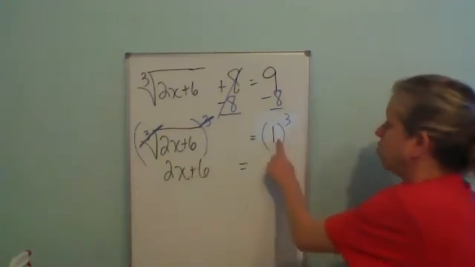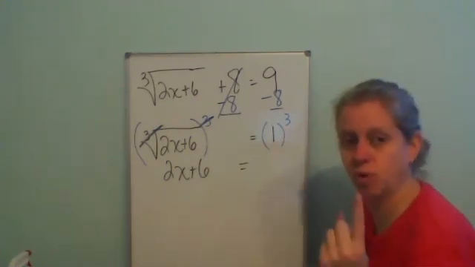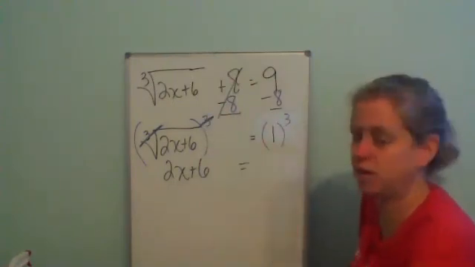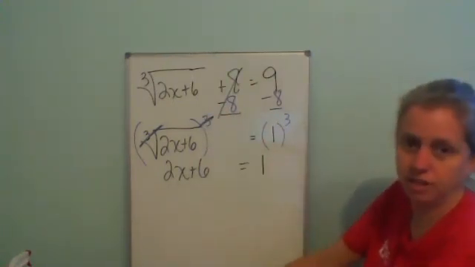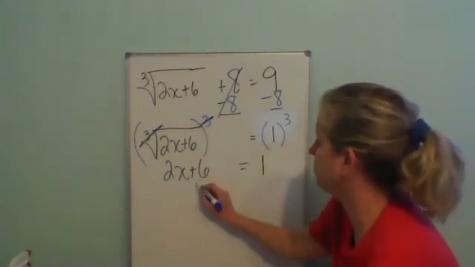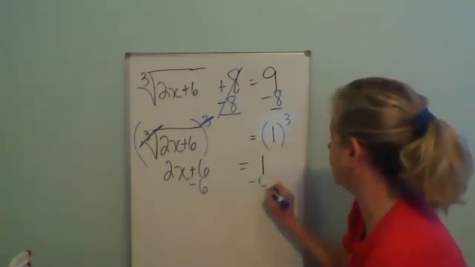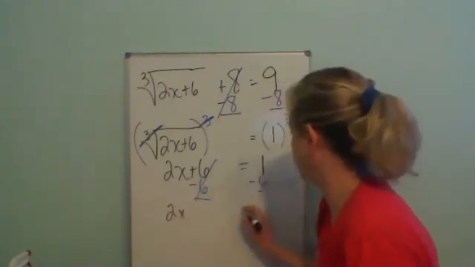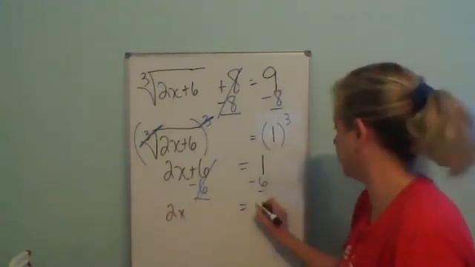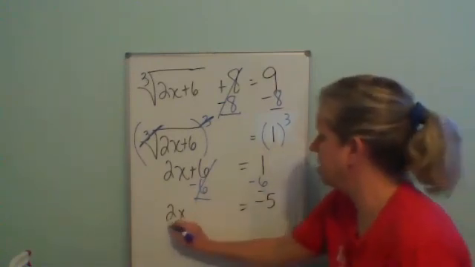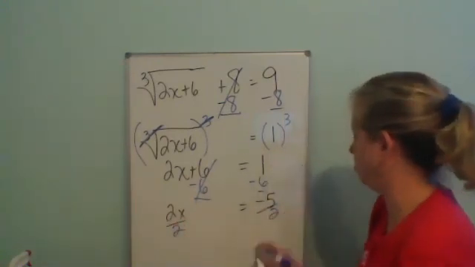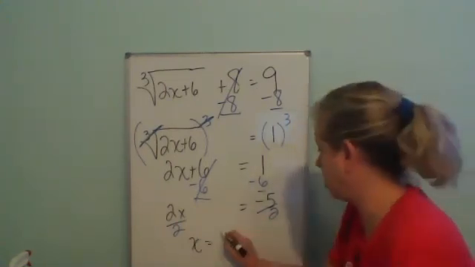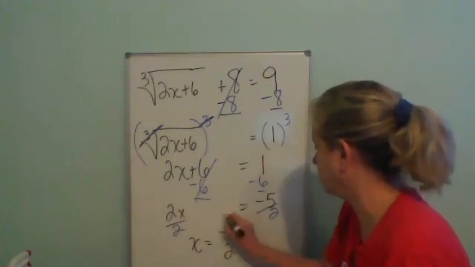Now on this side, 1 to the third power just means 1 times 1 times 1, and it doesn't matter how many times you multiply 1 together, you're still going to have 1. And then just finish solving it for x. Subtract the 6. So now you have 2x equals 1 minus 6, which gives me -5. And then divide it by 2. So now you're left with x equals -5 over 2.